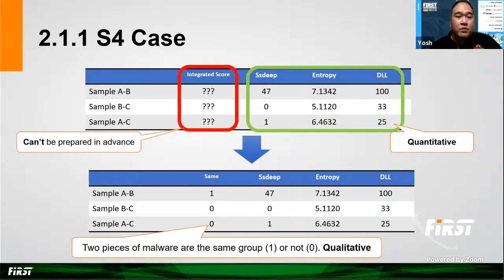What could I use to prepare the data for learning? The answer is whether two pieces of malware are the same family or different. This is qualitative data because there are only two poles, same and different.